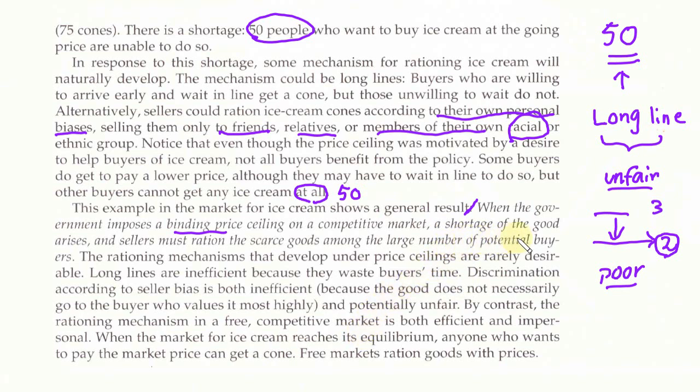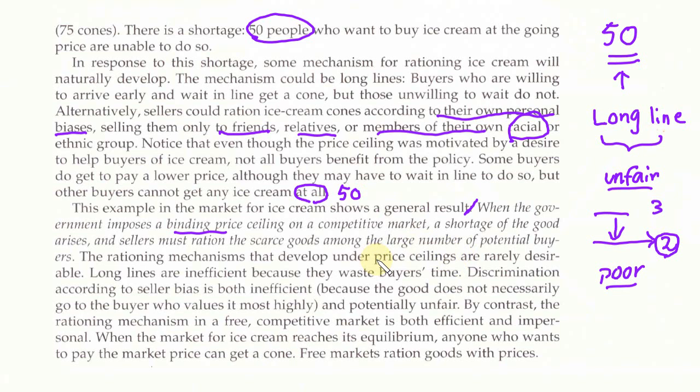A shortage of the good arises and sellers must ration the scarce good among the large number of potential buyers, because as I explained, 50 is in shortage. This expression has that meaning. Okay.